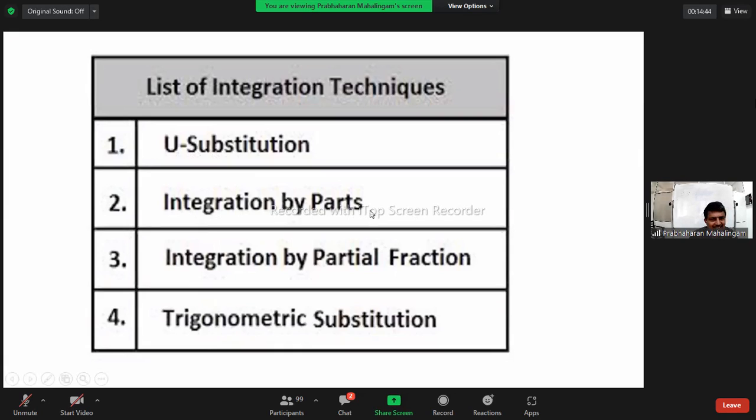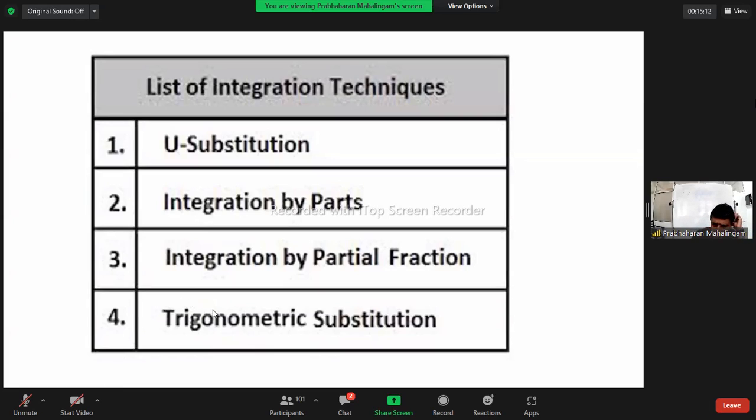Today we will see integration by parts. Today we will see integration by partial fractions also. It's also a new technique, partial fraction. And trigonometric substitution also, sometimes cos square, tan square theta plus 1 like that, then you assign as u and do it. So these are the 4 techniques we will see.